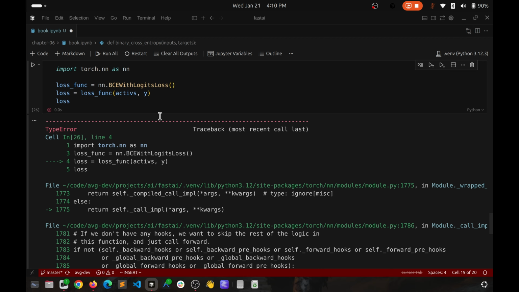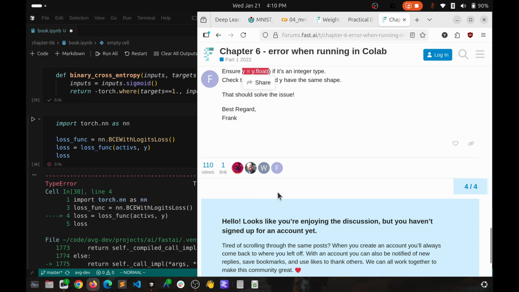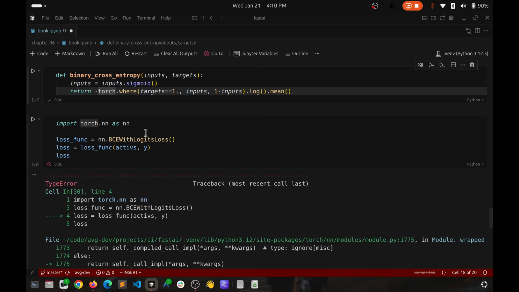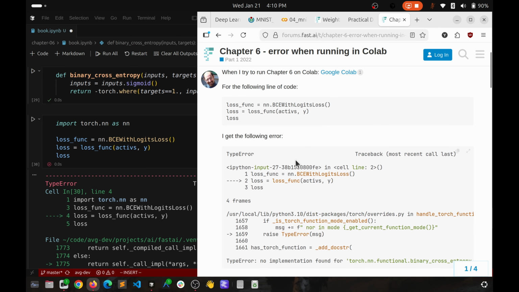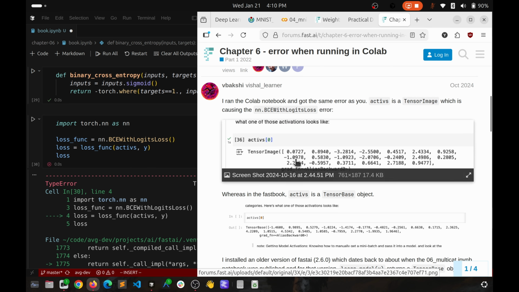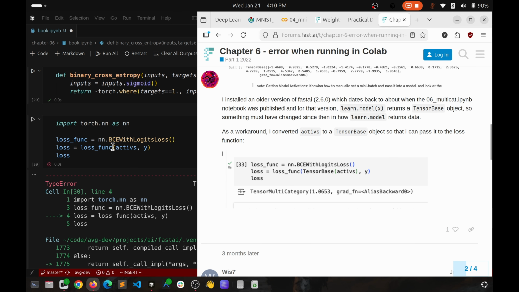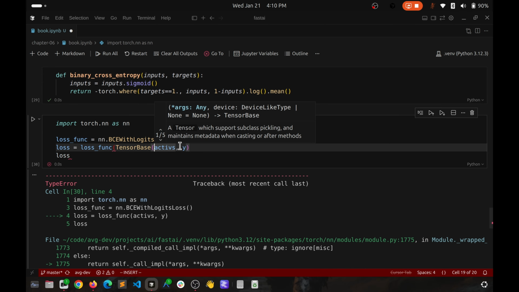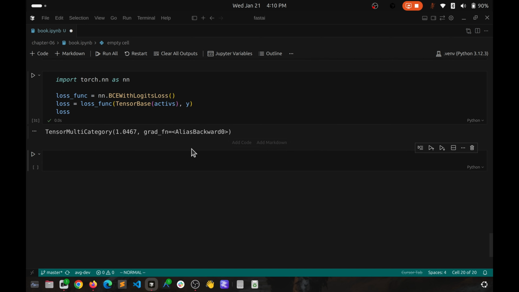Maybe? No. Let's just do it this way. Let's just do TensorBase activations. Let's see what happens. Oh, that kind of looked like it worked.